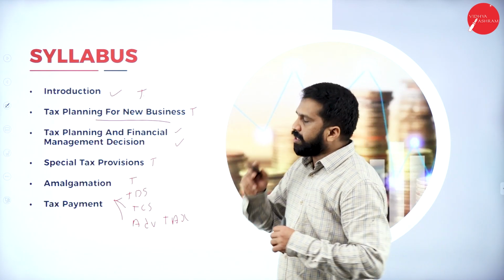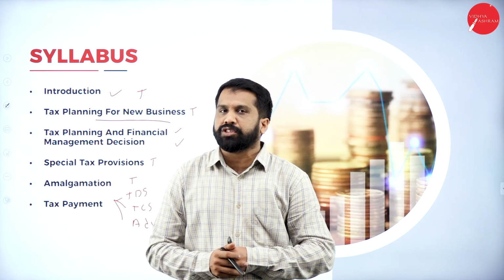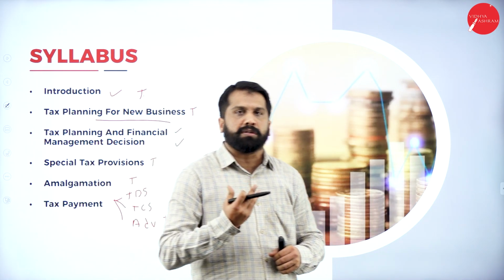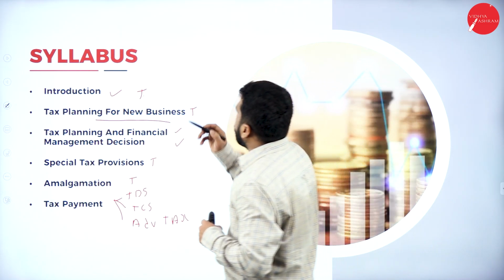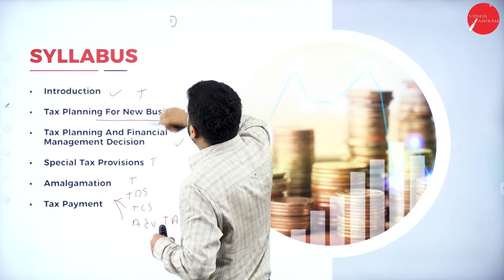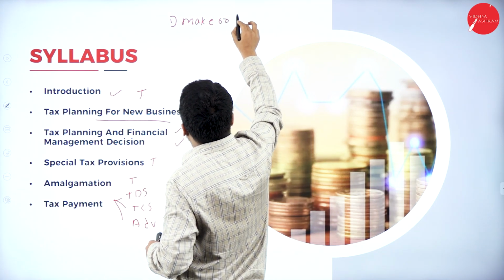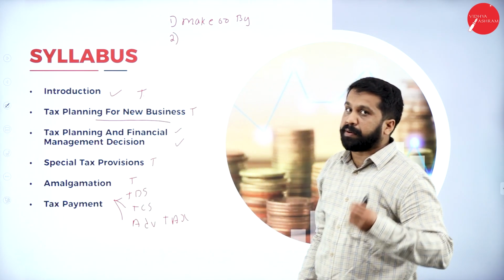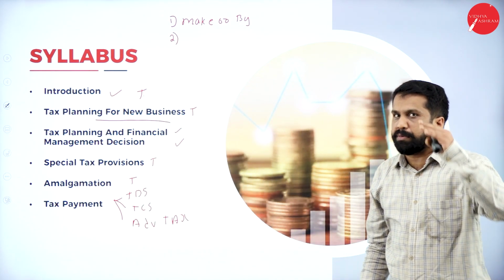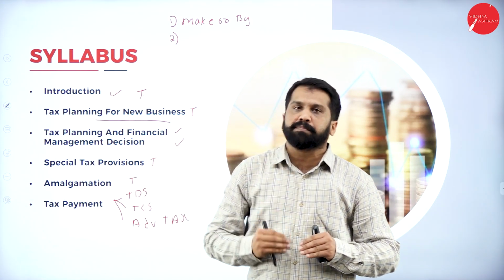Now, what are the types of problems you may expect in your examination? I'll give you the list of problems you are supposed to work out. The first one is called make or buy. Under make or buy, you may expect 2 types of problems. One will be a basic one and another one will be called an advanced problem.